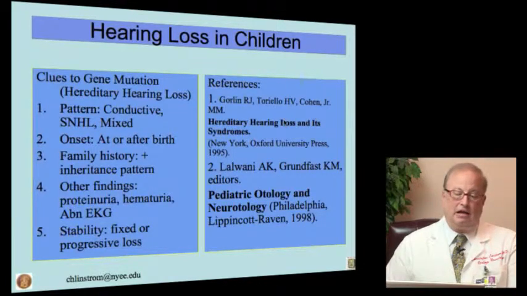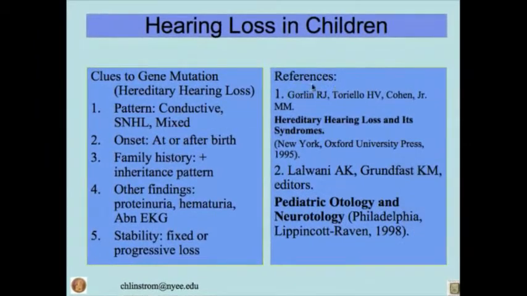There are 2 references I'd like to bring up to you. Robert Gorlin, who's actually a dentist, and in his avocation is pediatric hearing loss. And in fact, he's extrapolated that to adults. This is a Bible of congenital and hereditary hearing loss. For anyone interested in the field, I would highly recommend this. It's written by really a grandfather in the field, a giant, and I've met him.